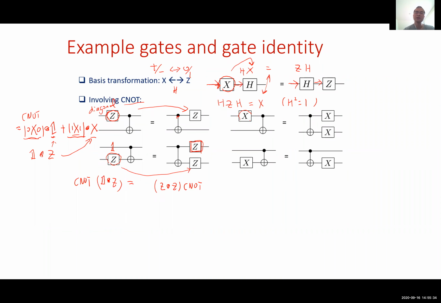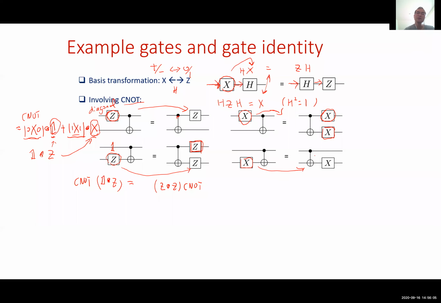If you have an X gate on the first qubit, if you want to move it past the control NOT gate, you move past that, but you also need to compensate with an additional X gate. But if the X gate is on the second qubit, because the CNOT has an X and an identity, they commute with X naturally, right? So you can move the gate to the right.